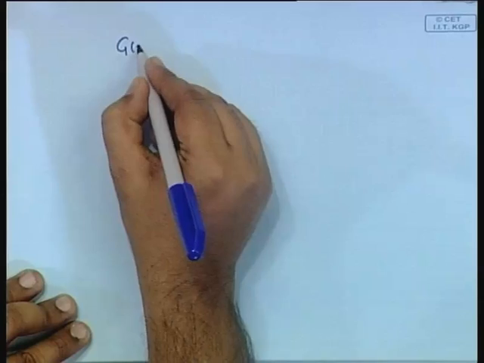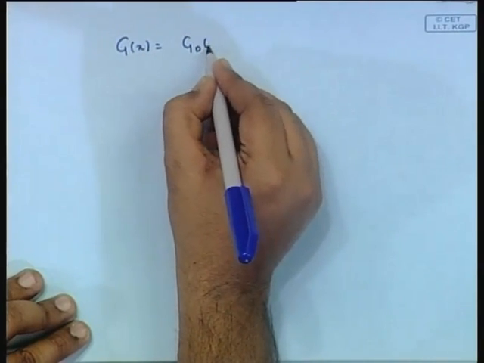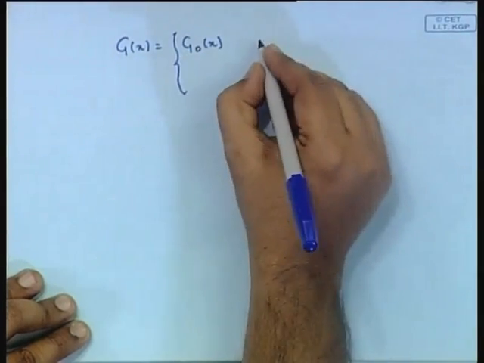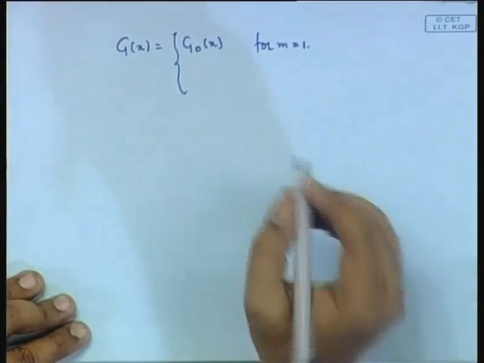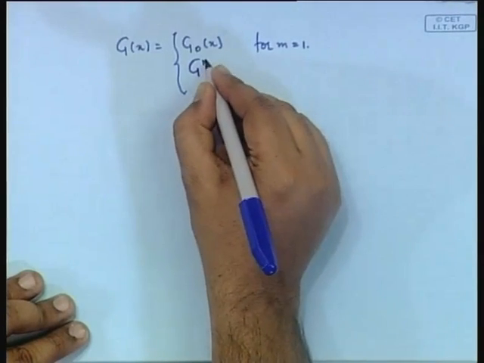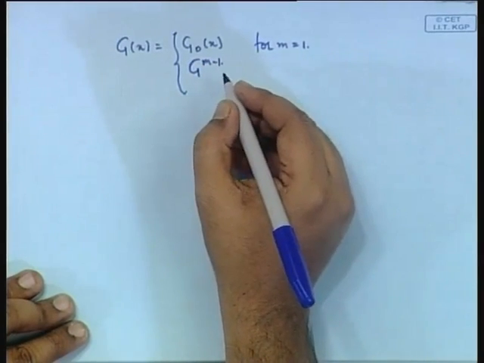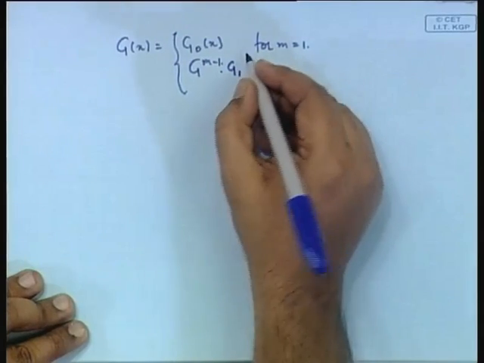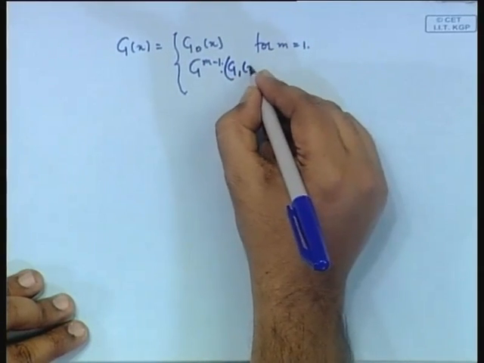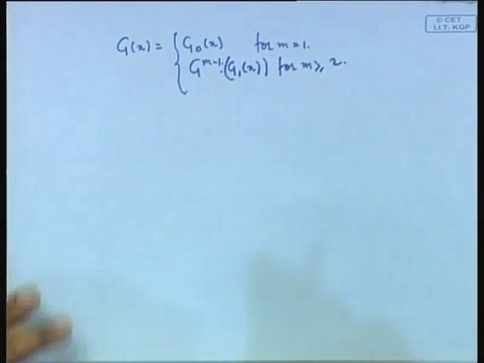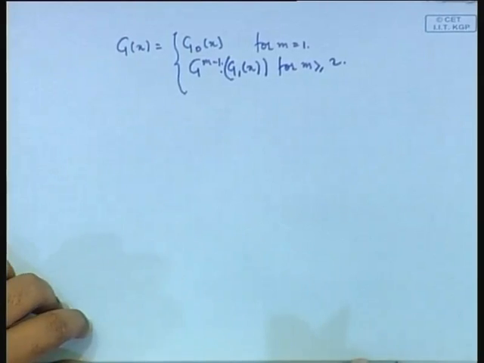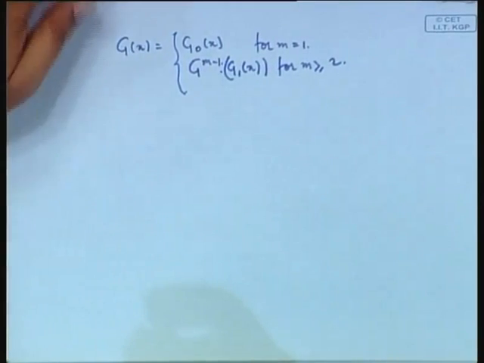See, Gx can be written in this way: G0 x for m is equal to 1, no problem, and Gm minus 1 x for m greater than or equal to 2, no problem, just each time one extra. I think it is okay.